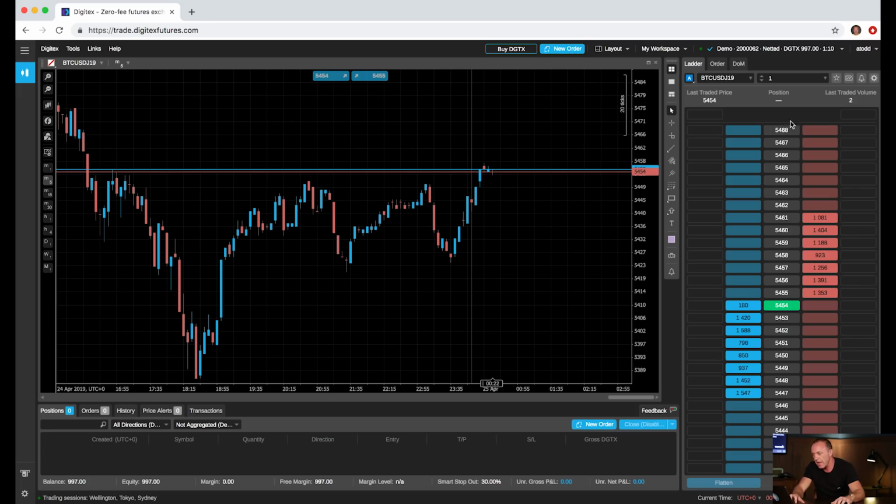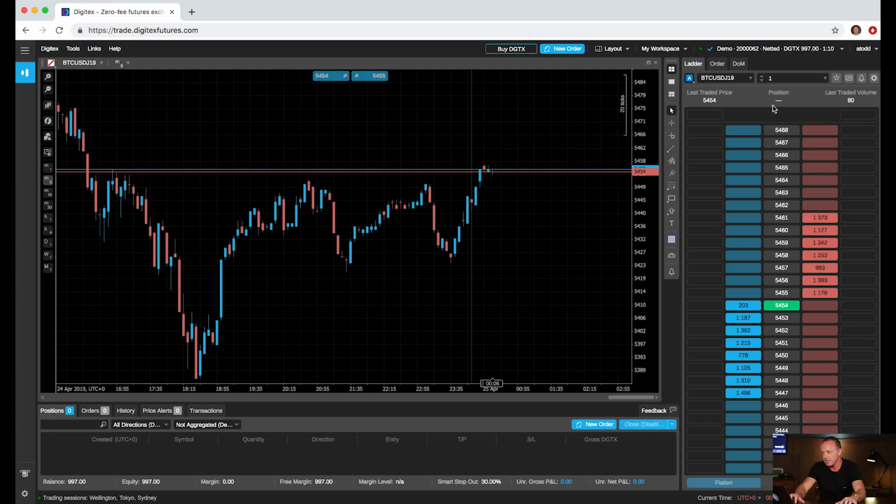Now, the original specs, the spot price was supposed to be up here at the top of the ladder, because you need to see the price of the underlying instrument that you're trading futures on. Spotware come back, we can't put that number in this box here. It's not possible. I'm like, what are you talking about? It's a number in a box. Just put it in there because it's a critical element of the interface.